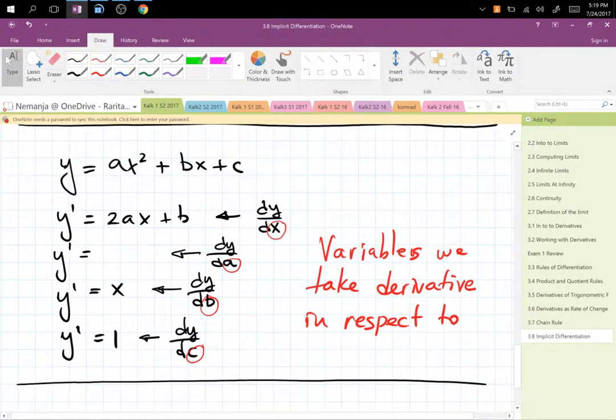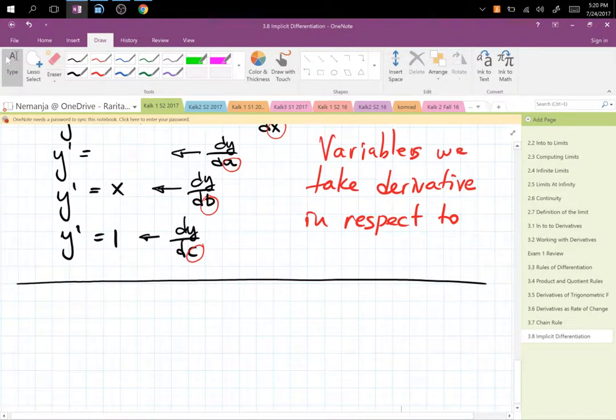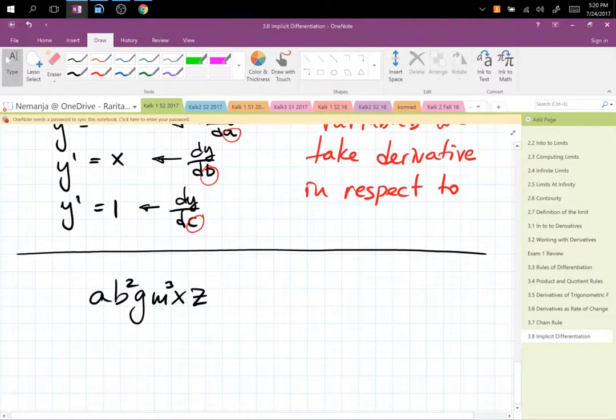Everything else is a constant. Just keep copying it. So you can put any string of letters you want, A, B, G, M, X, Z, and put a square and a cube, right? And now it will depend which one is your variable.